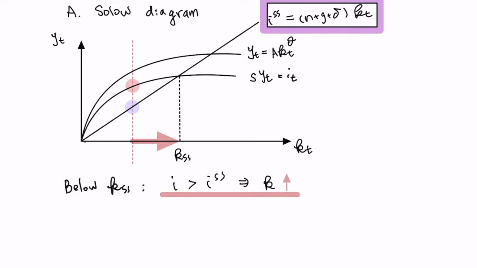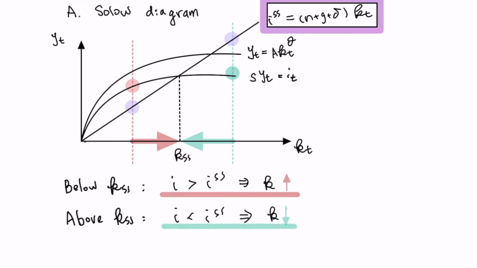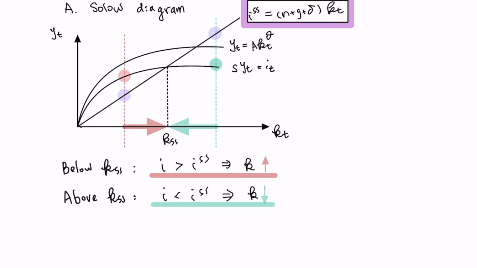On the contrary, if we are above the steady state, then we have the actual investment that is less than the investment required to stay at this level of K. Therefore, K falls over time until it hits the steady state. So under this model, once the economy is at a steady state, it's going to stay there, but should there be any shock that causes a deviation from this steady state, the economy will gradually move back to the steady state. Now we want to solve for this steady state numerically.